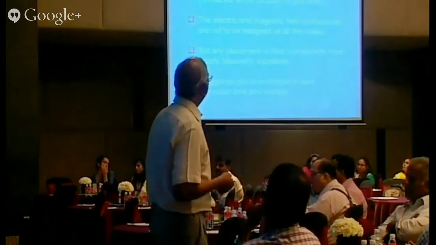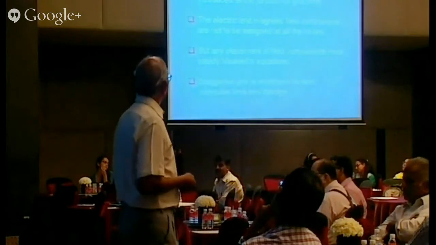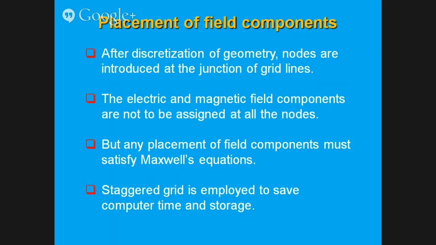So how do we place these field components? Say, for example, in this particular problem, after discretization we produce nodes at the junction of the grid lines. Here it is simple, so we create the nodes over there.